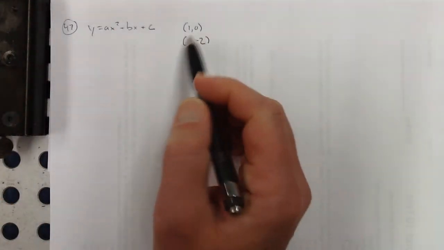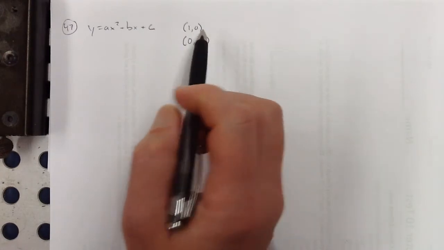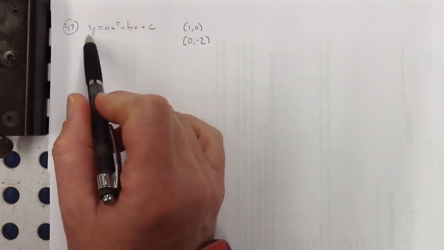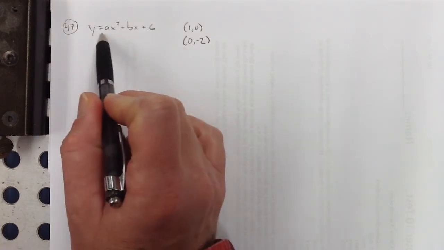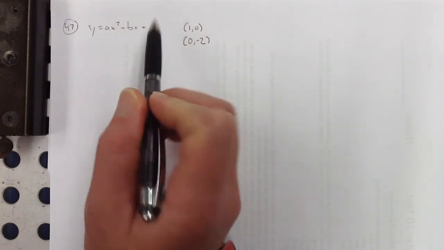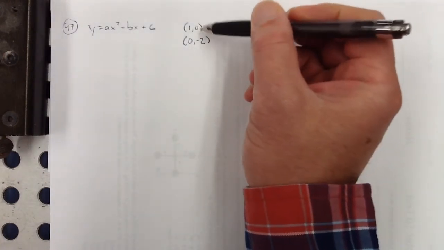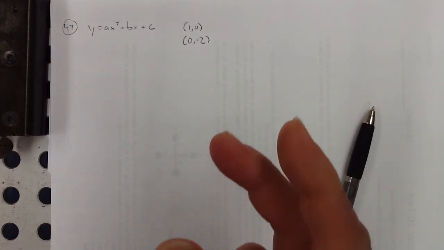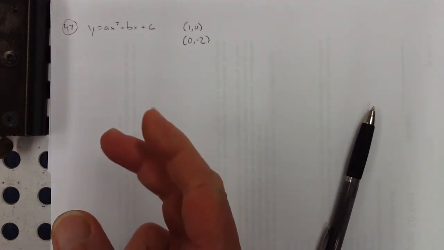I don't know if you remember this, but back in Algebra 2, you might have done some problems of the type, here's a generic quadratic, A, B, C, and how much information do you need to be able to pin down that quadratic? Well, how many pieces of information do you need to write a straight line? You need 2 pieces of information, 2 points, or a point and slope.